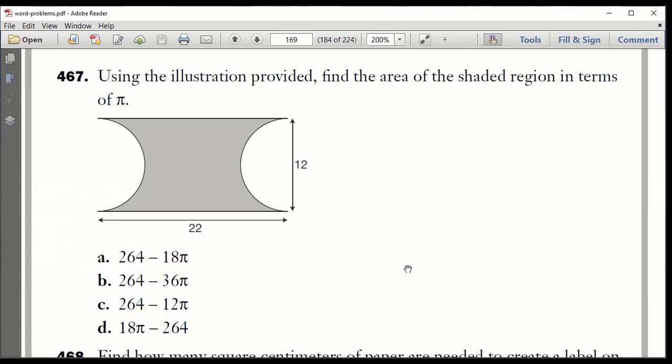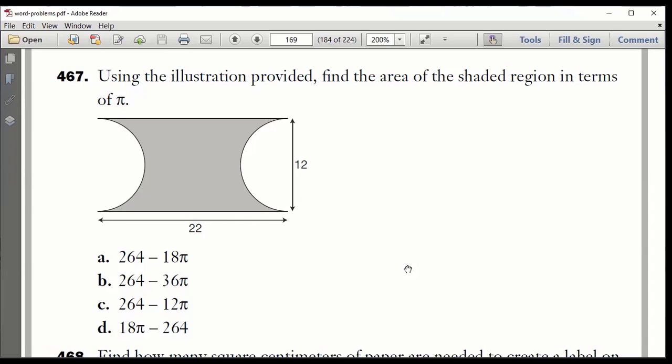How will you find the area of the circle? What is the radius of this circle? Half of 22? Not 22. 22 is this.